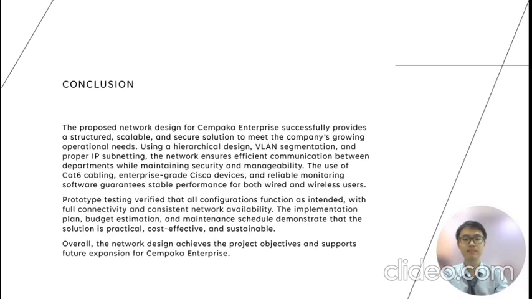The implementation plan, budget estimation, and maintenance schedule demonstrate that the solution is practical, cost-effective, and sustainable. Overall, the network design achieves the project objectives and supports future expansion for Chempaka Enterprise.